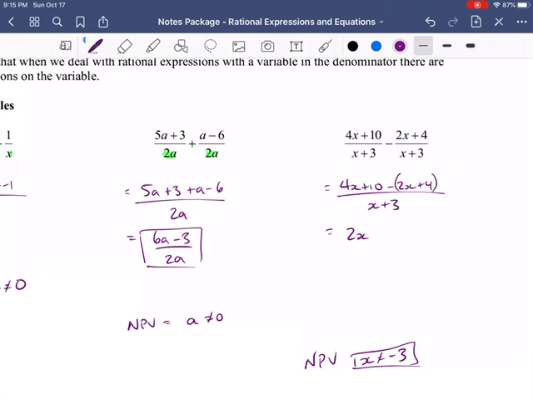Recall we're subtracting this, so it becomes 10 minus 4, so added to 6 over x plus 3. And if we factor the numerator, we get 2 times x plus 3 over x plus 3, and those will simplify to just 2.